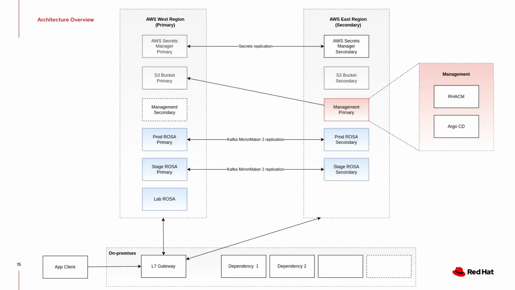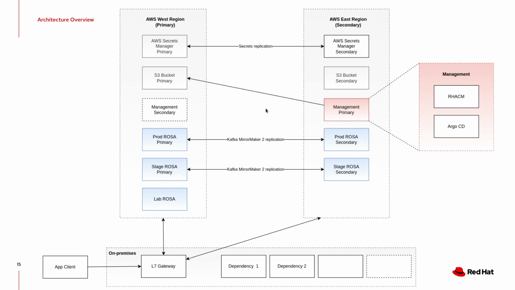So right away, here is the architecture which we came up with. It's sort of a minimum DR architecture. You can see that we are using 2 AWS regions. We have AWS West as our primary region and AWS East as our secondary region.